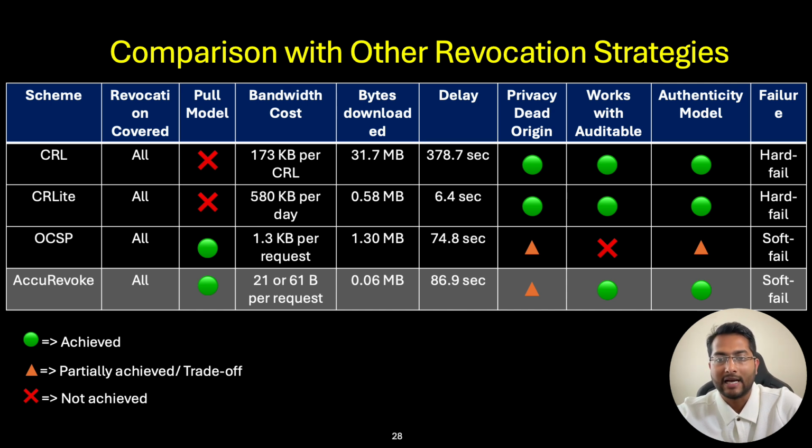You can see a lot of green circles here for AccuRevoke. Just to mention one, if the client visits 1000 websites, the data downloaded by the client will be significantly lower compared to other revocation strategies. And the delay is not that bad as well. This is very similar to OCSP.